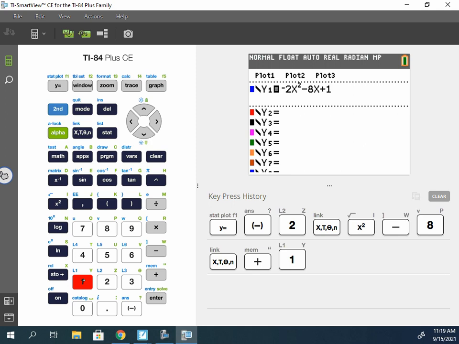And once you get that typed in, go on and hit graph. Also, if you all haven't noticed, it does give you the key press history right there. So this right here is all the buttons I hit to get there. So once you get that all typed in, hit graph.